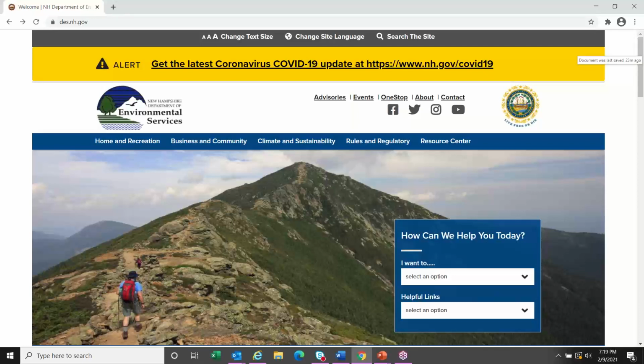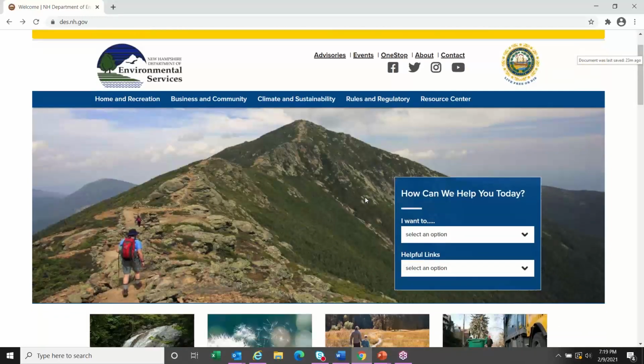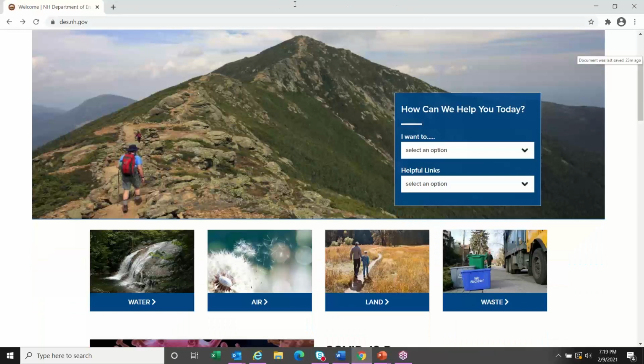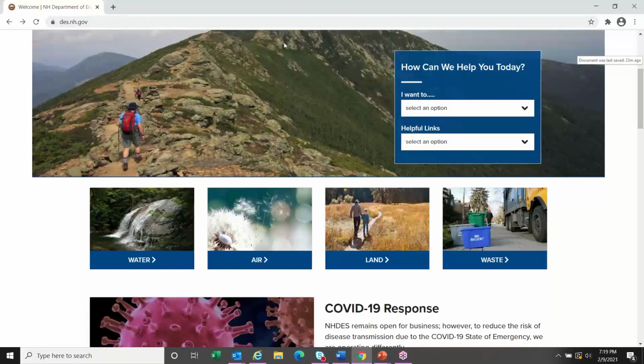Although private wells are not regulated, the Drinking Water and Groundwater Bureau at DES provide a lot of helpful information and guidance to well owners and well users on this website. So I'll navigate through this site a little bit to show you how to find some information related to wells and water quality for private well owners.